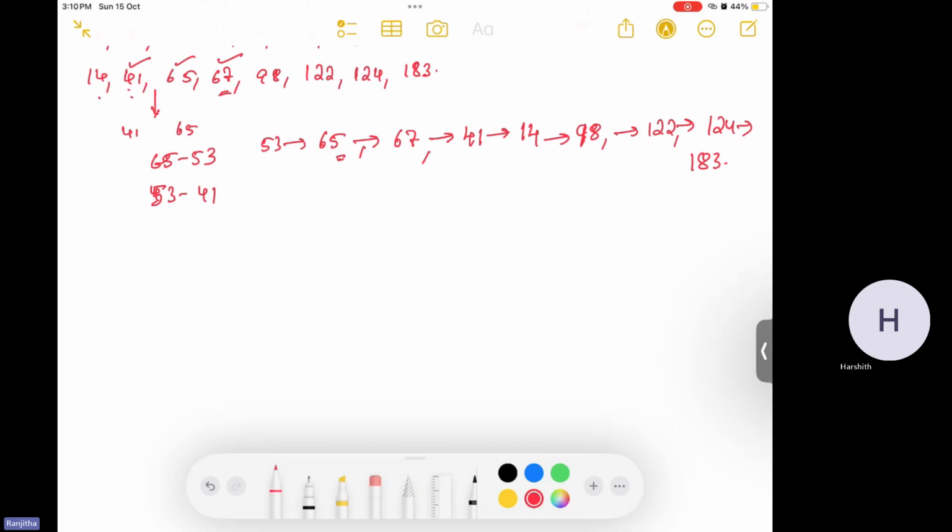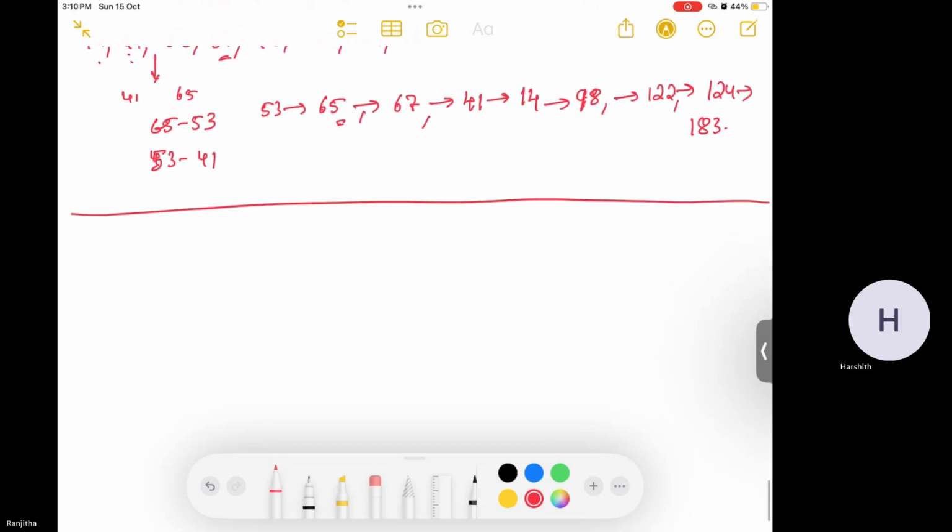So if we draw it like this, we will have 0 and 199. So we have 14 here, 41, 53, 65, 67, 98, 122, 124, and 183.